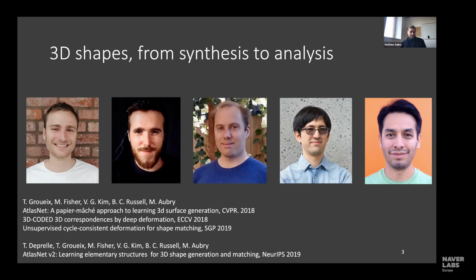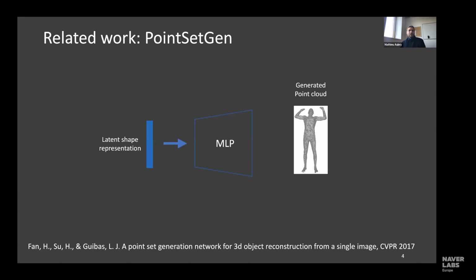It was actually by starting on the synthesis side, so trying to synthesize 3D shapes. This was work done by many people, but mainly two PhD students, Bob Wex and Theo Deprel, and collaborators at Adobe. So it's work that we were doing in 2017, 2018.